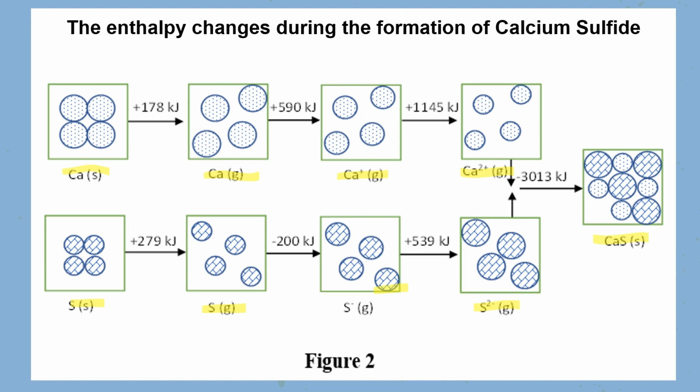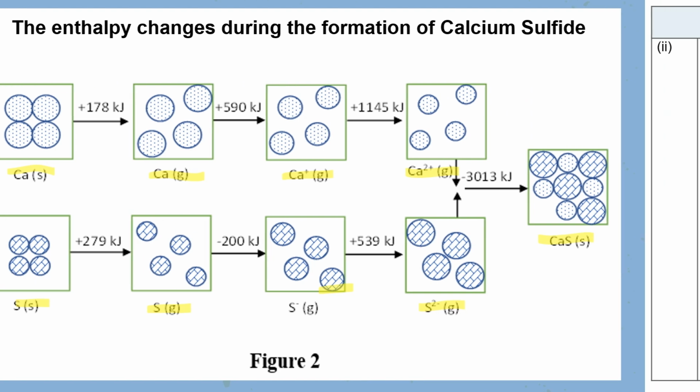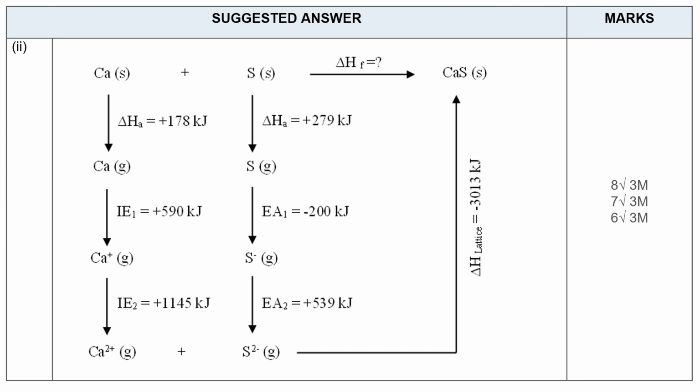So from this figure, we are going to change to the energy cycle diagram. So this is the energy cycle diagram for calcium sulfide. So we write CaS plus S, then delta H f of CaS.